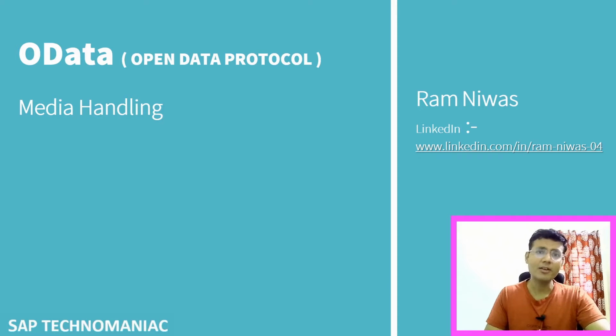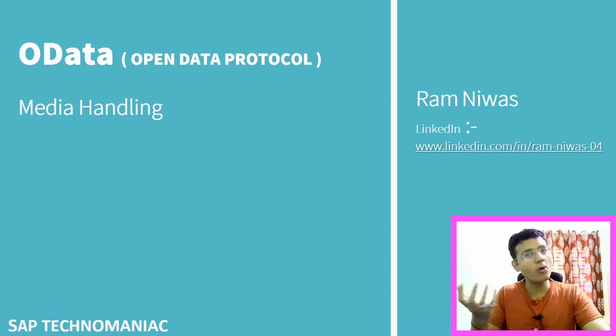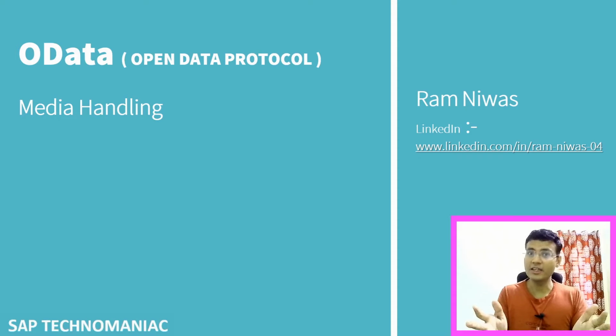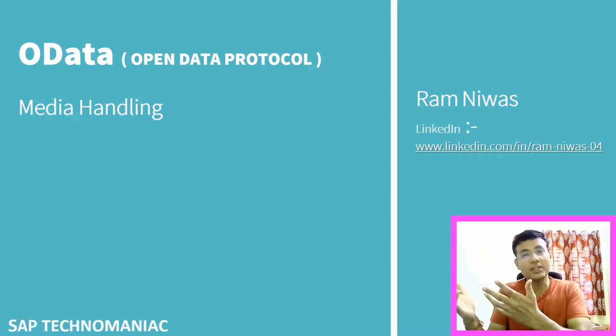But sometimes, apart from this normal data, we need to handle different kinds of data, like images, PDF, audio or video, because OData most of the time works with front end tools like Fiori or some other front end tool.